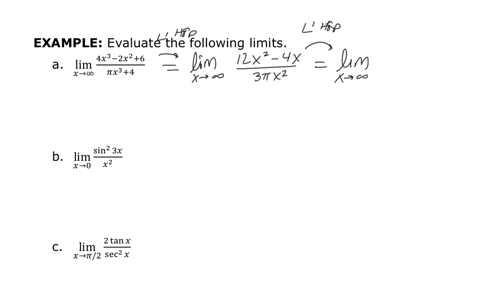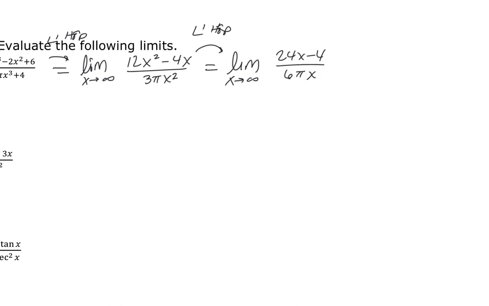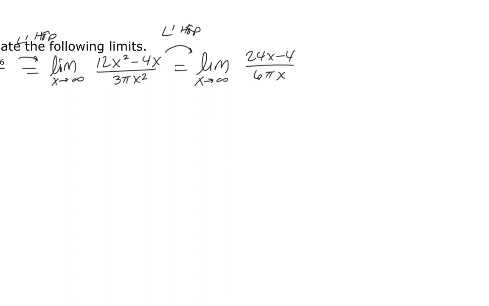When I do the derivative of the numerator, I'm going to get 24x minus 4. And then in the denominator, I'm going to get 6 pi x. Once again, if I were to do a direct substitution, I would get infinity over infinity, so L'Hopital's still applies. So I'll do it again.